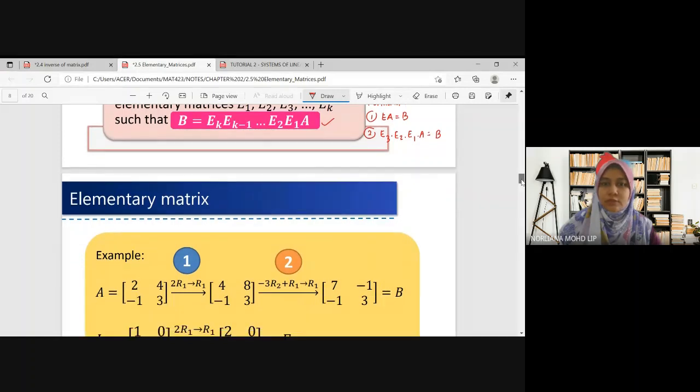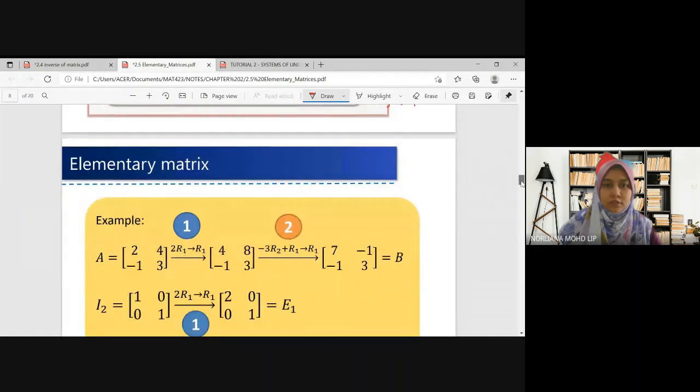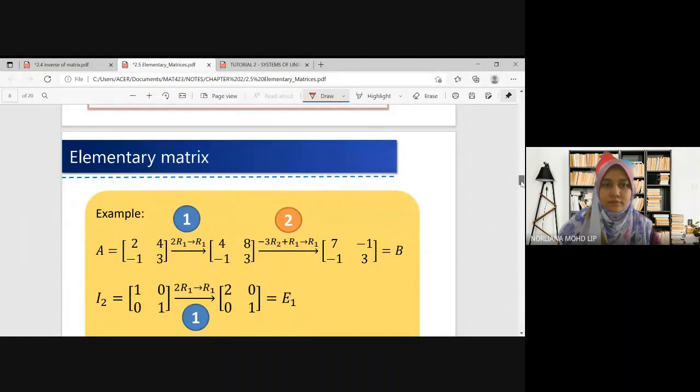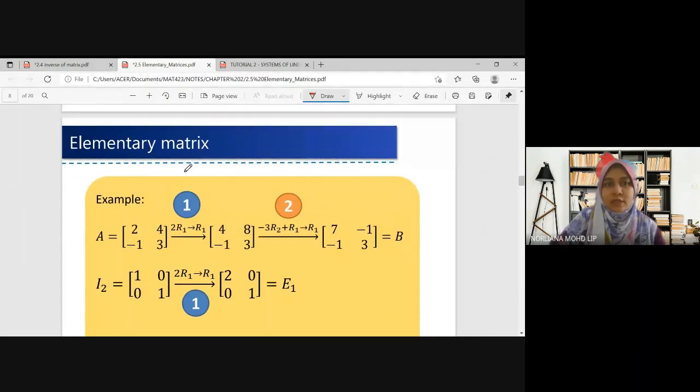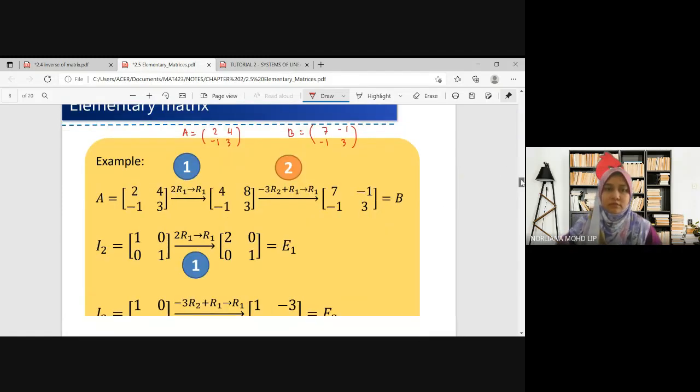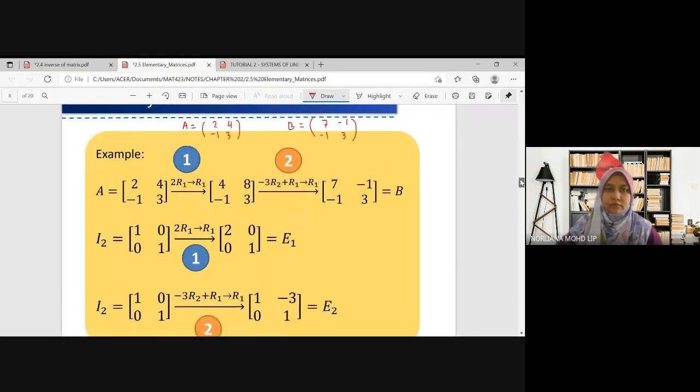Okay, for example, we have a question here. The question gives A equal to the matrix 2, 4, negative 1, 3, and B equal to 7, negative 1, negative 1, 3.